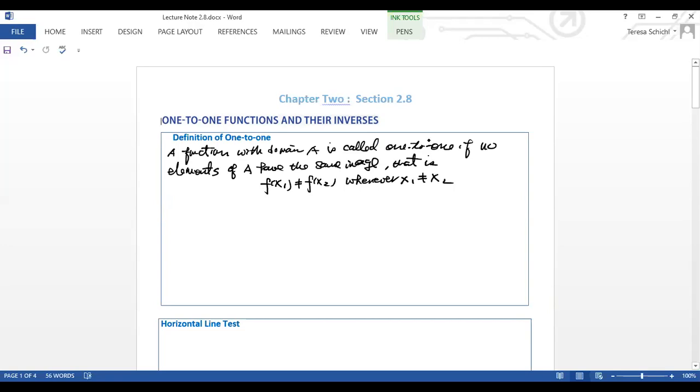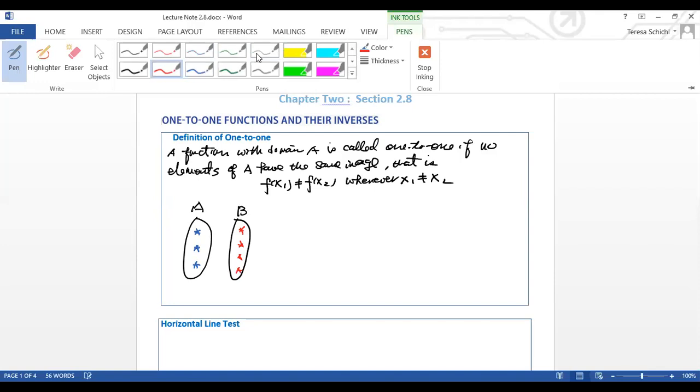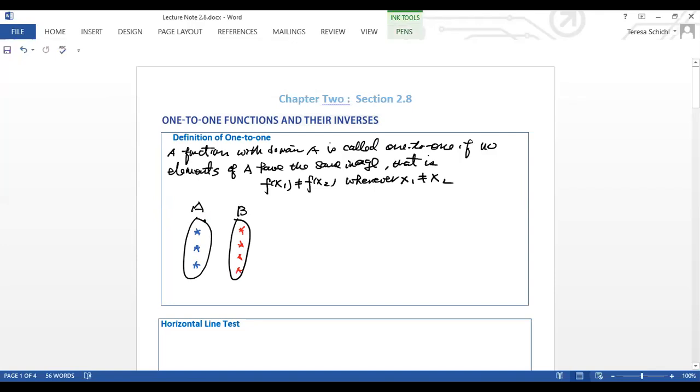What does that mean? When we first started this chapter and defined functions, a function is a relation. So this is set A and this is set B, and you have some values here and some values here. The function we defined is a relation from here to here.